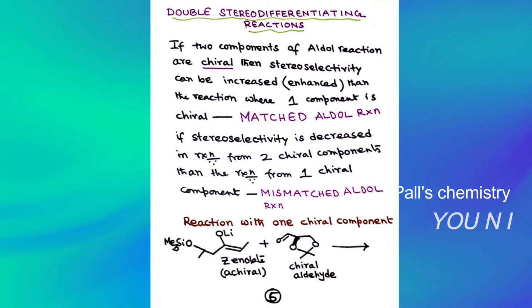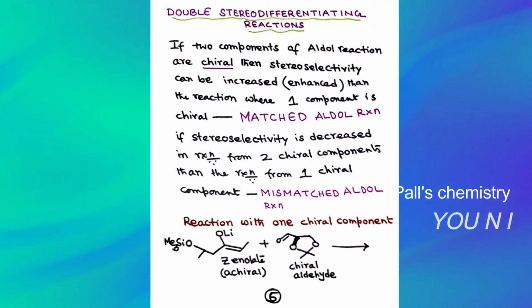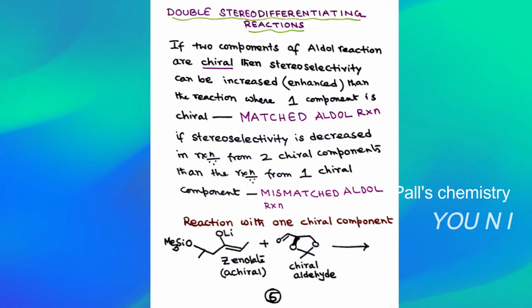This case is called the matched aldol reaction. And if the stereoselectivity is decreased in the reaction from two chiral components compared to the reaction from one chiral component, then that is called the mismatched aldol reaction. And where the two components are chiral, in general those reactions are called double stereodifferentiating reactions.